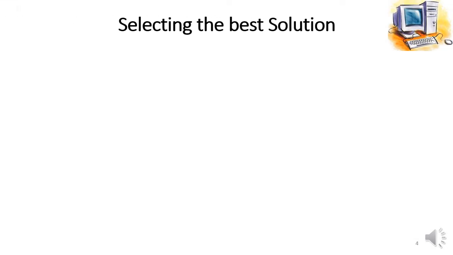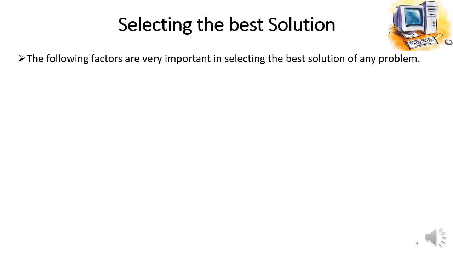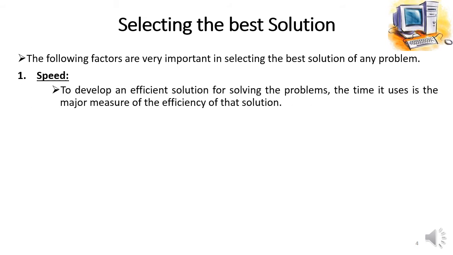Now, selecting the best solution. The following factors are very important in selecting the best solution of any problem. The first one is speed. That is the first metric or parameter for measuring the efficiency of any solution.